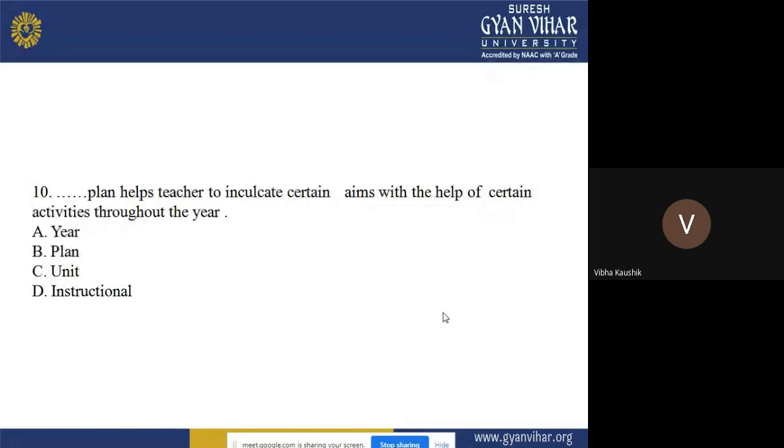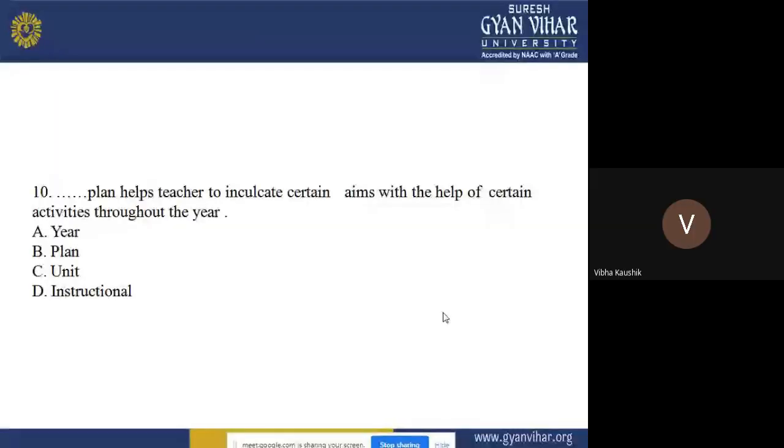Now the options are A year, B plan, C unit, or D instructional. So these are the options A, B, C, D. Now you have to select the correct one on the basis of the given choices, and the correct answer is option A, year plan.